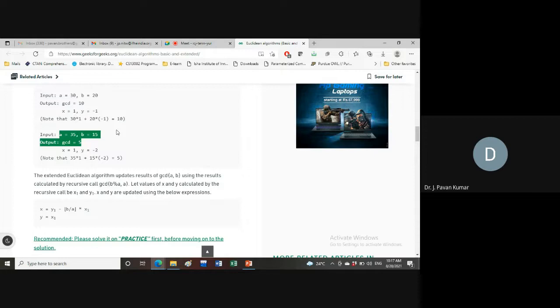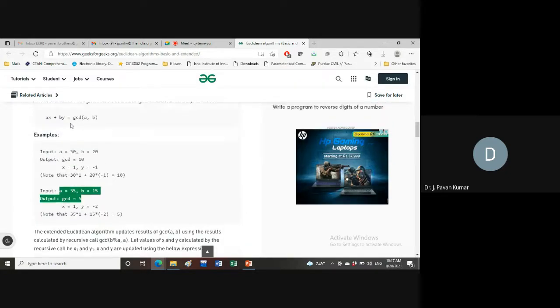Now what is the objective here? ax plus by is equal to GCD. Once we obtain the GCD and we know the a and b values, then if you substitute both values in the form ax plus by is equal to GCD, 35x plus, what is the b value? 15. So 35x plus 15y is equal to 5.